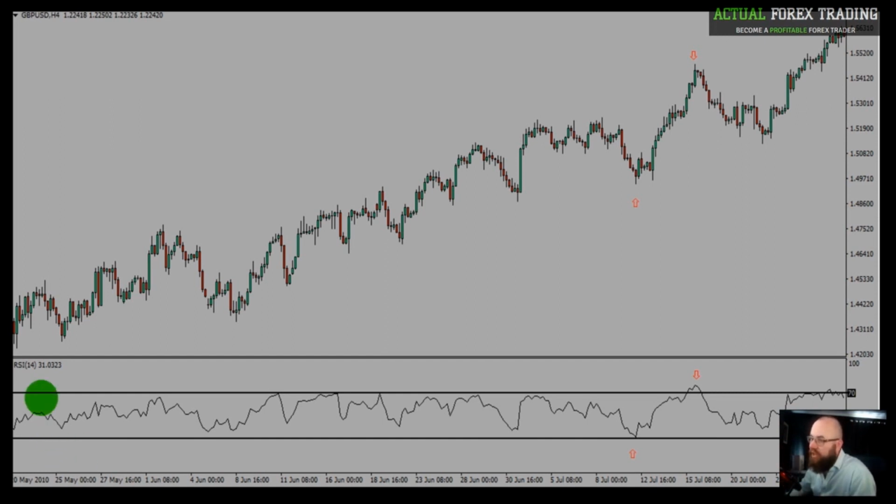Now the way this RSI is generally used is if the indicator moves above the range of 70, just like it does here, this downward arrow, that can mean that a market is overbought and price could come down. We also have a 30 line here, and what can happen is if the indicator moves down to this line or below the line, that can signal that a market is oversold.